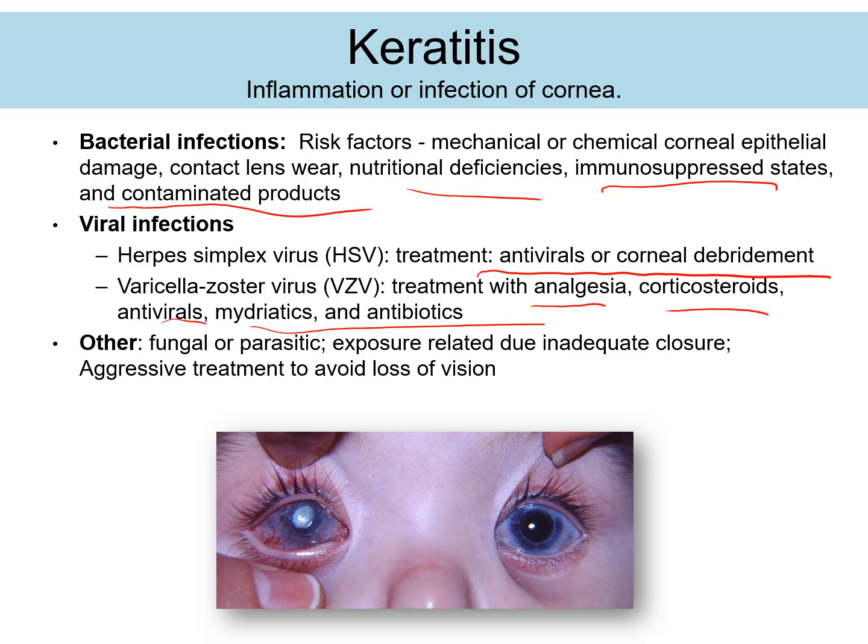So if you have some issue with that, maybe you had a stroke and your eye doesn't close all the way, you can be more prone to these kind of pathogens. And then we do want to have aggressive treatment to avoid loss of vision. This usually includes drops every hour, sometimes antibiotic drops every hour, just to make sure that that doesn't progress to something not good.